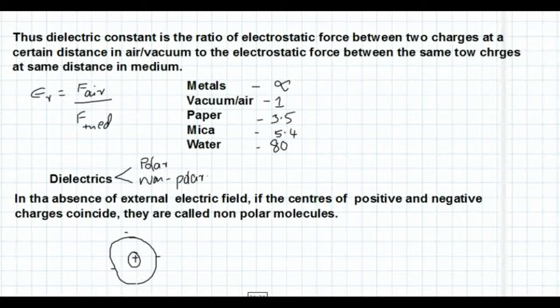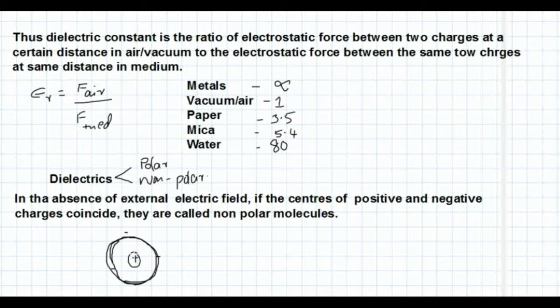So we can assume it as a cloud, right? A cloud of positive charges, and the center of the cloud of the positive charge will be here. Then similarly, this nucleus is covered by electrons at different shells. That means around this positively charged nucleus or positively charged cloud, there is another cloud of electrons surrounding the cloud of positive charge.